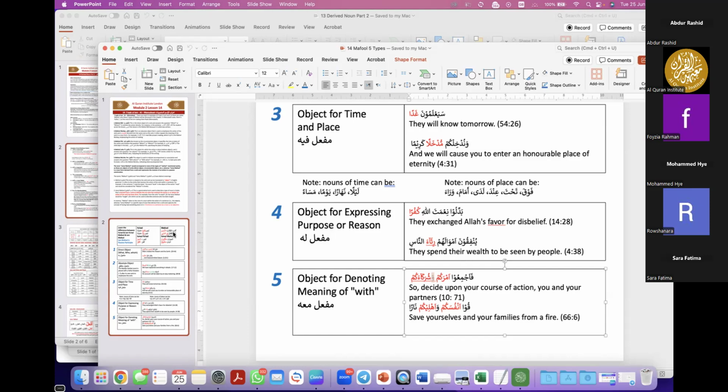Okay. Who wants to come first? Sister Shuma, could you try to explain the difference between maf'ul and ismul maf'ul, if possible? Fa'il is a doer. Maf'ul and ismul maf'ul, please.